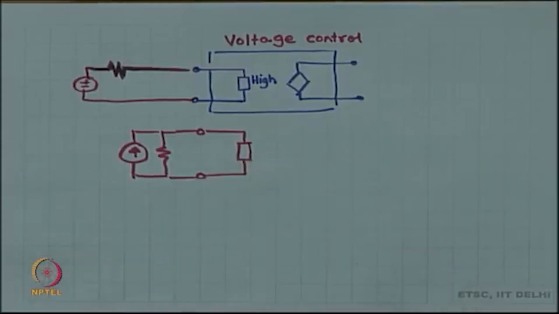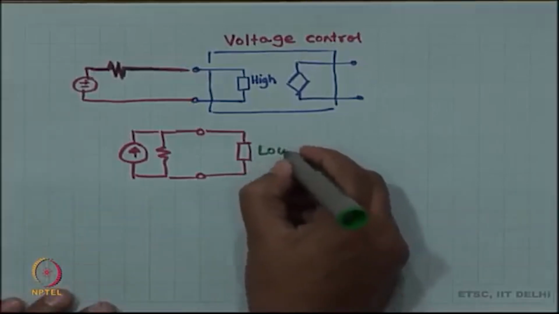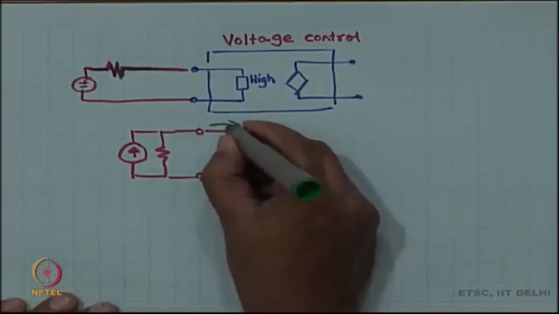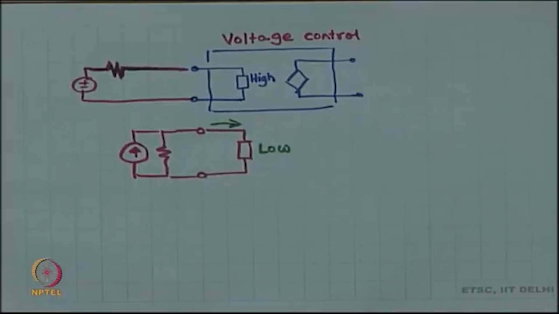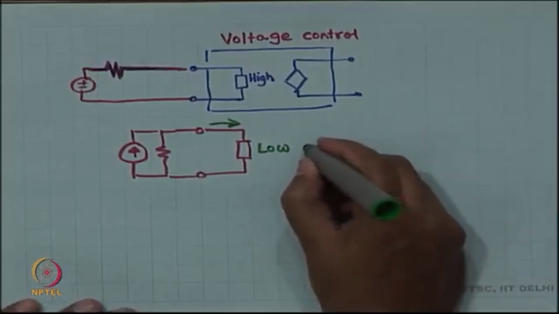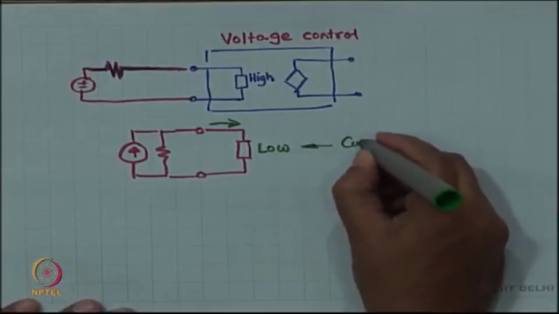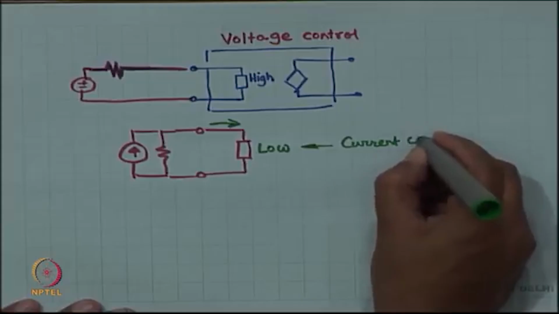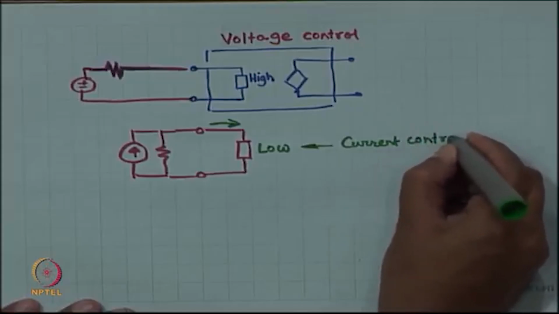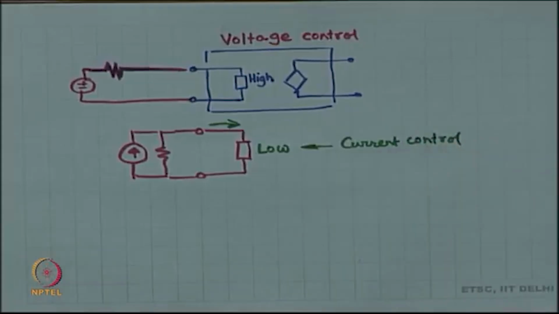It should be low, because if it is low, then this entire current is going to go this way. So, a current controlled source has a low input impedance.